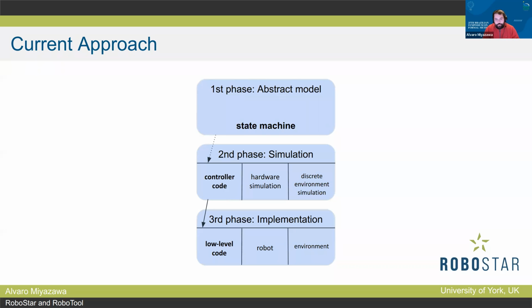Now, one problem here is that any bugs that were found during the second or third phase would have been corrected at that level. So if during simulation a bug was identified in the controller, it would usually be fixed at the controller and nobody would bother going back to the drawings to redraw or fix the state machine. Similarly, if the bug is found at the implementation level, the simulation or the state machines would not be corrected. So that means that everything that was done before is in a way lost.